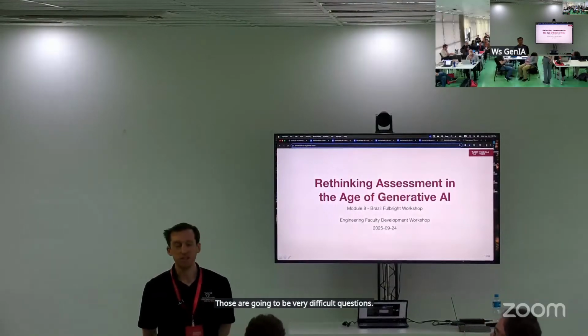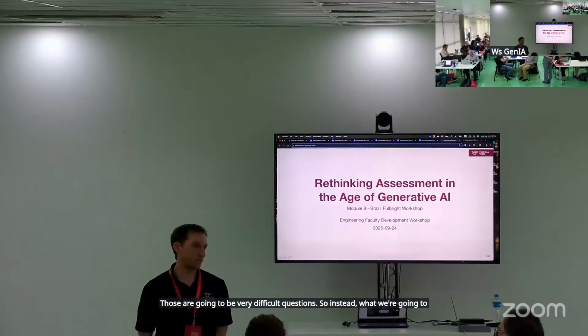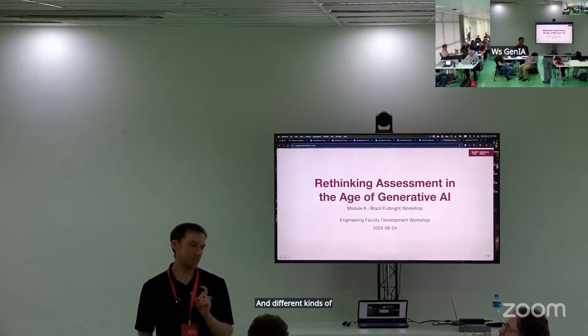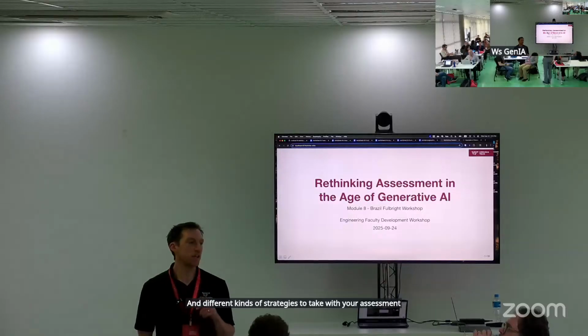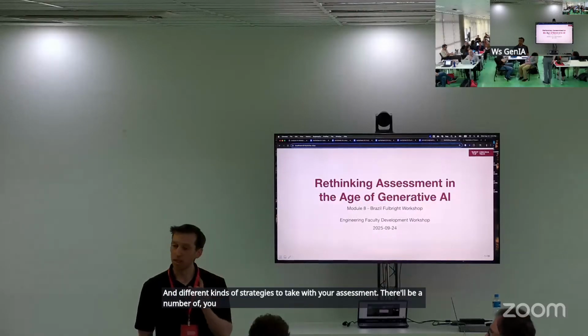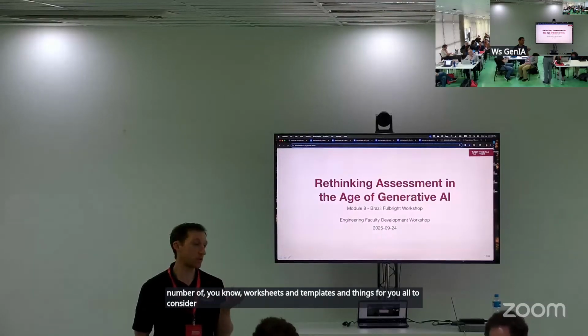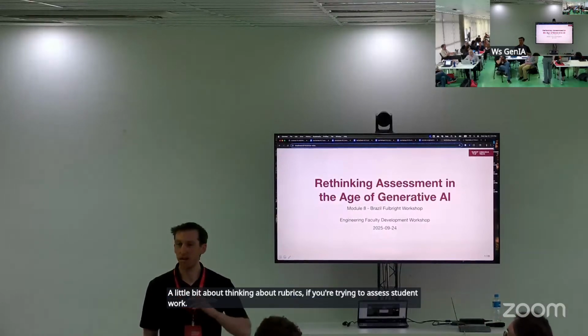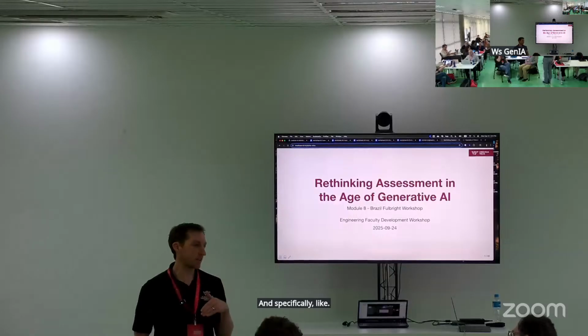So instead, what we're going to talk about will be a few different ideas and different kinds of strategies to take with your assessment. There'll be a number of worksheets and templates for you all to consider using in the future. A little bit about thinking about rubrics if you're trying to assess student work, and specifically process-oriented work.